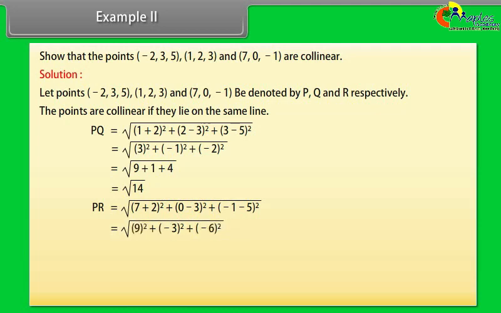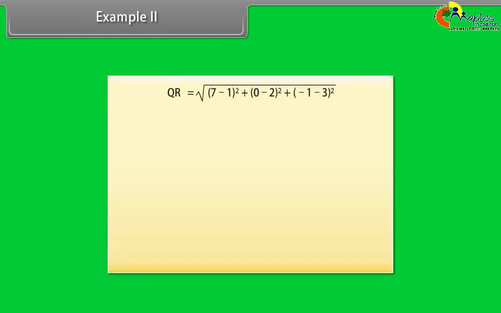After calculating PR, we get 3 into square root of 14.